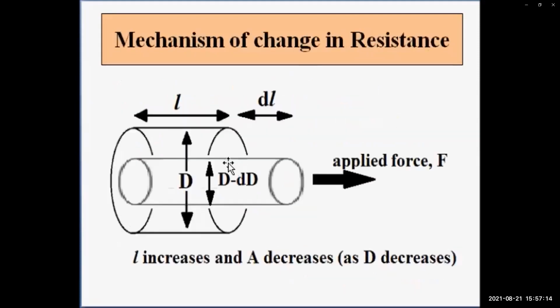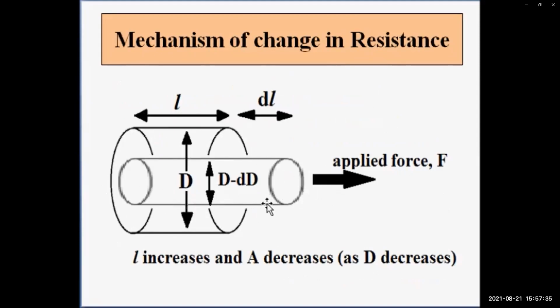Suppose, let us say there is a material, this large cylinder. It has initial length L and diameter D. Suppose it is subjected to an expansion force, it is stretched because of this applied force. So, it undergoes expansion.